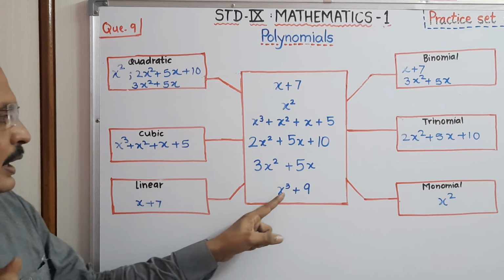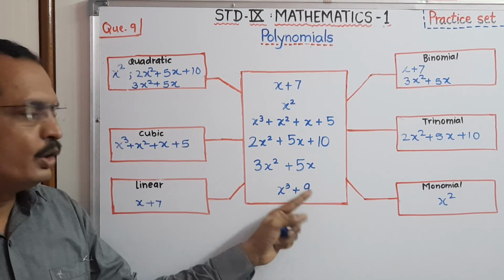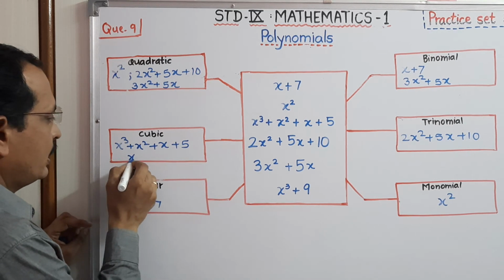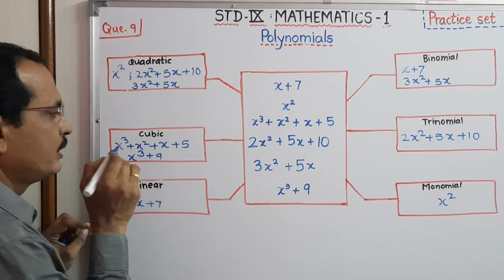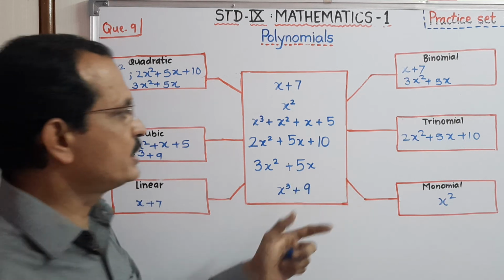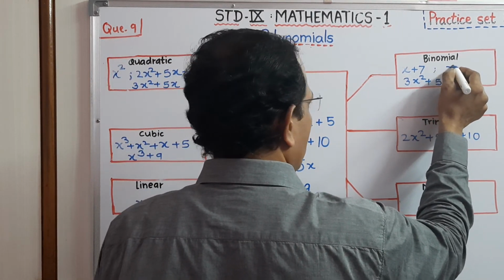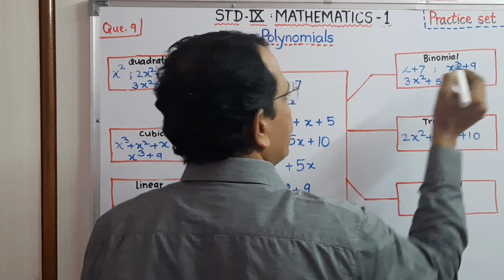And this, x cube plus 9. Cube means cubic, therefore we can write x cube plus 9. 2 terms, therefore it is a binomial, therefore we write here another, that is x cube plus 9.